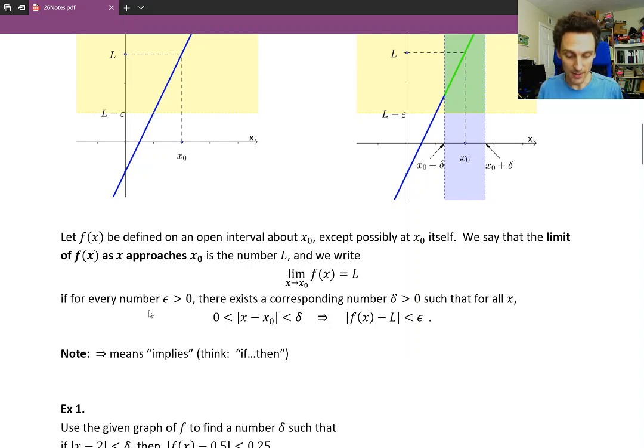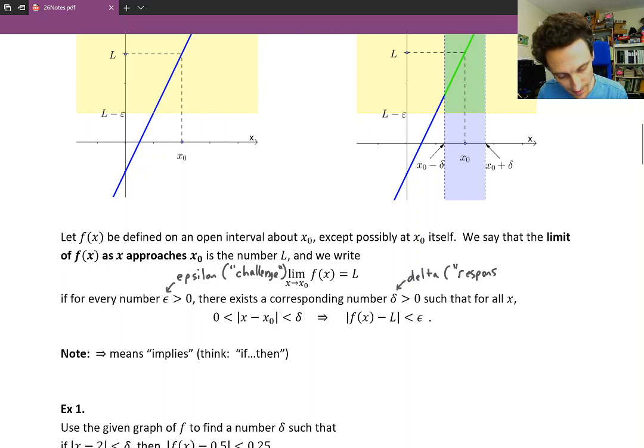If for every epsilon greater than 0, and this is the challenge, so every positive distance you want to be away from this limit L, there exists a corresponding number, delta, this is the response, it's going to rise to the challenge.